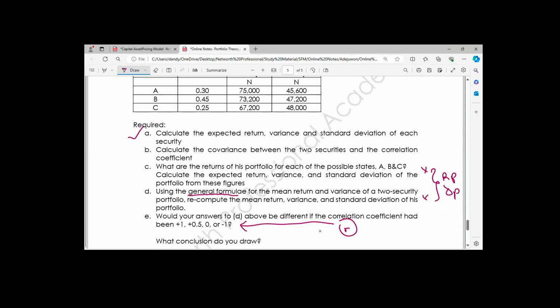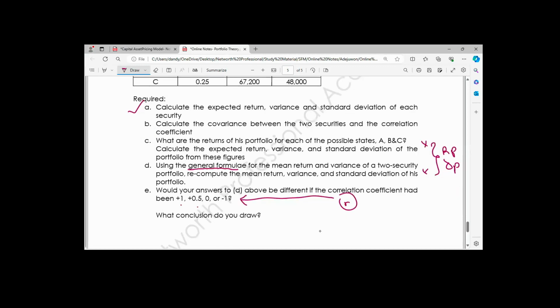So in your formula to calculate the risk of the portfolio, you are going to be changing your R to the options as given to you. The examiner wants to see, at the end of your calculations, what conclusion you can draw.